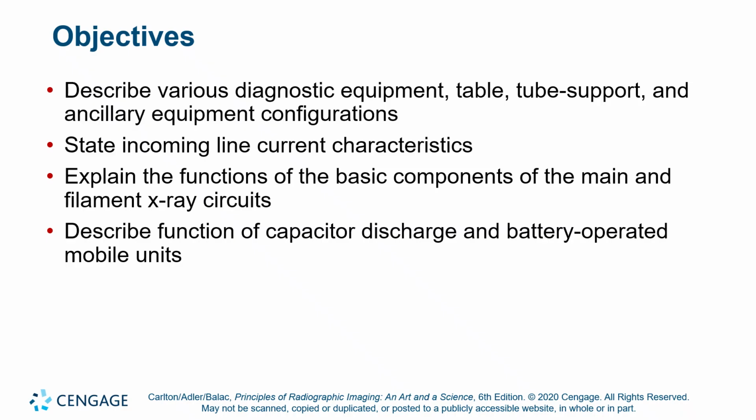Talk about an overhead crane. That's our most common iteration. We're briefly going to talk about capacitor discharge machines at the end because they do have a different schematic than this standard schematic that we run through.